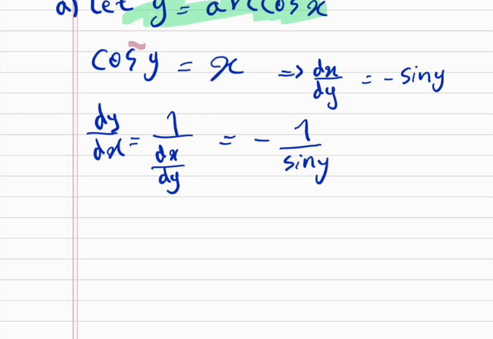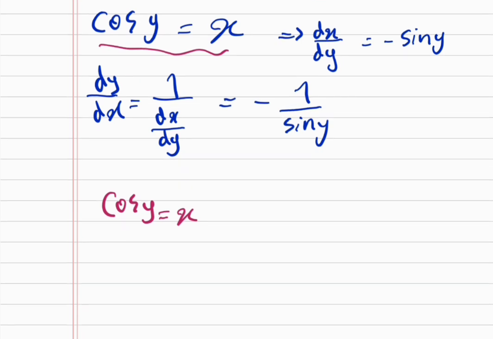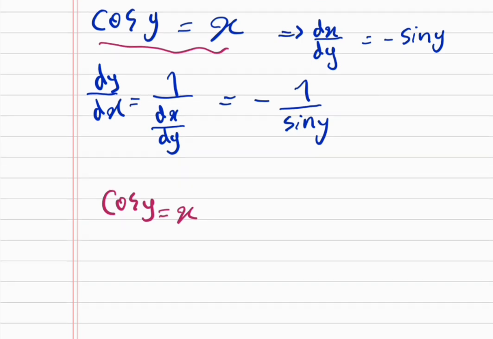Let's go back to where we had cos y is equal to x. Remember, this was one of the initial steps. And let's see what we can do with this one. If we square both sides, because what I have in mind is the identity, I need to find a way that connects cos y is equal to x somehow to sine y.